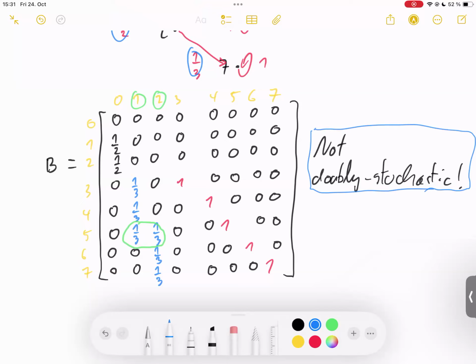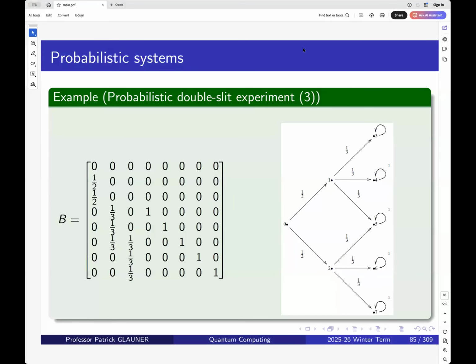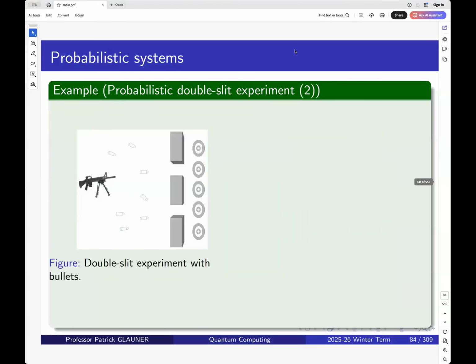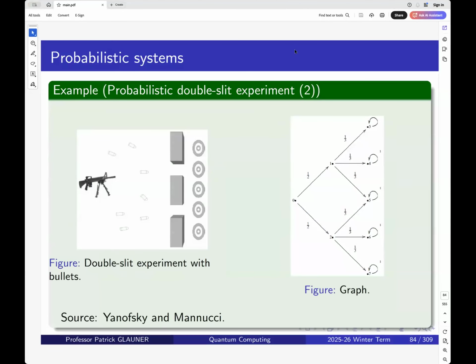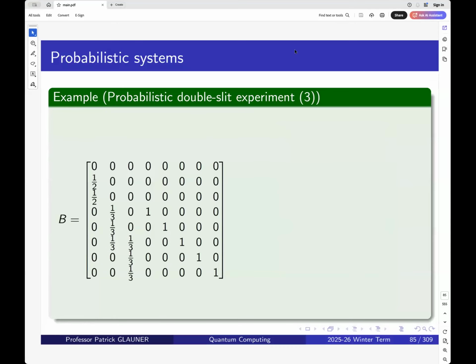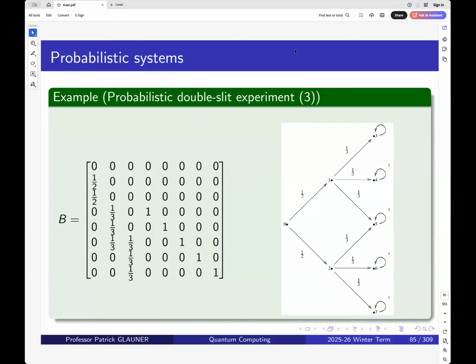And it just gives us some initial ideas, and that's okay for now. So we have described this matrix B, and we will look at it in the slides. So this is our probabilistic double slit experiment. This is the matrix B that we have just developed together.